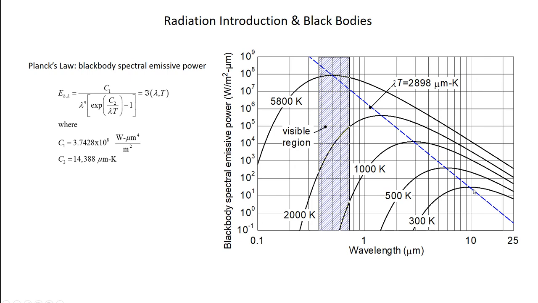So, that's one of the reasons why when we are doing problems that involve heat transfer around room temperature, so down here at 300 Kelvin, a lot of the time we've been ignoring radiation as not being important. And part of that's because we're down here where the black body spectral emissive power is not really very large. But as we go from 300 to 500 to 1,000, the amount of radiation being emitted doesn't just go up by a little bit, it goes up by several orders of magnitude, right?